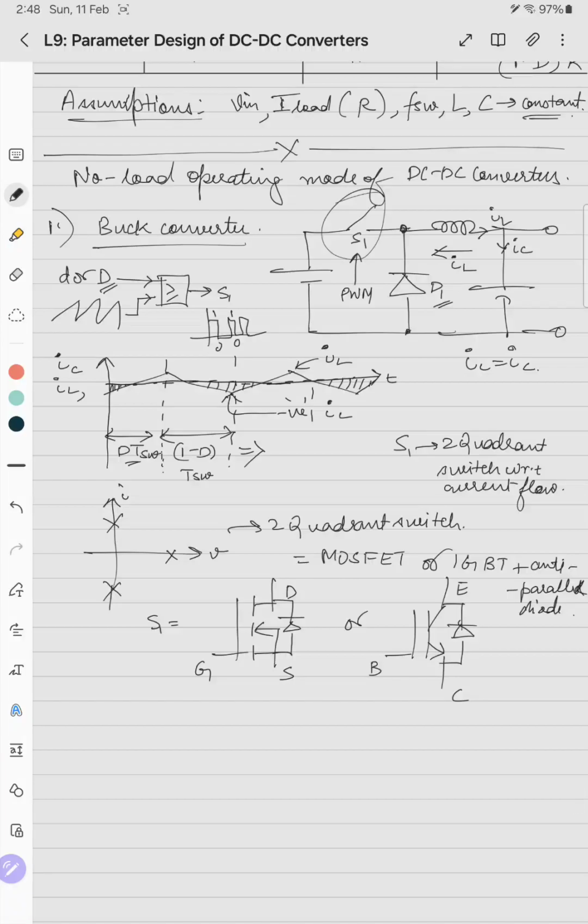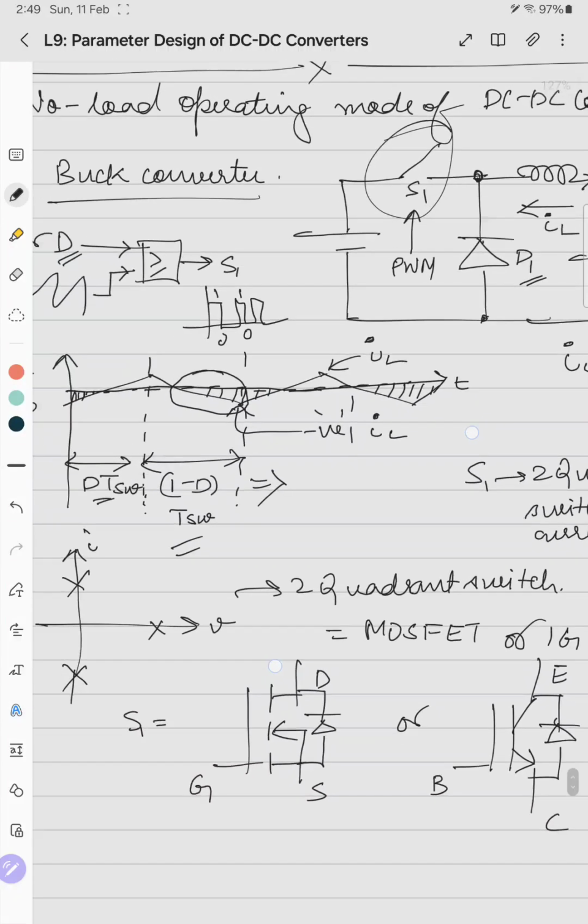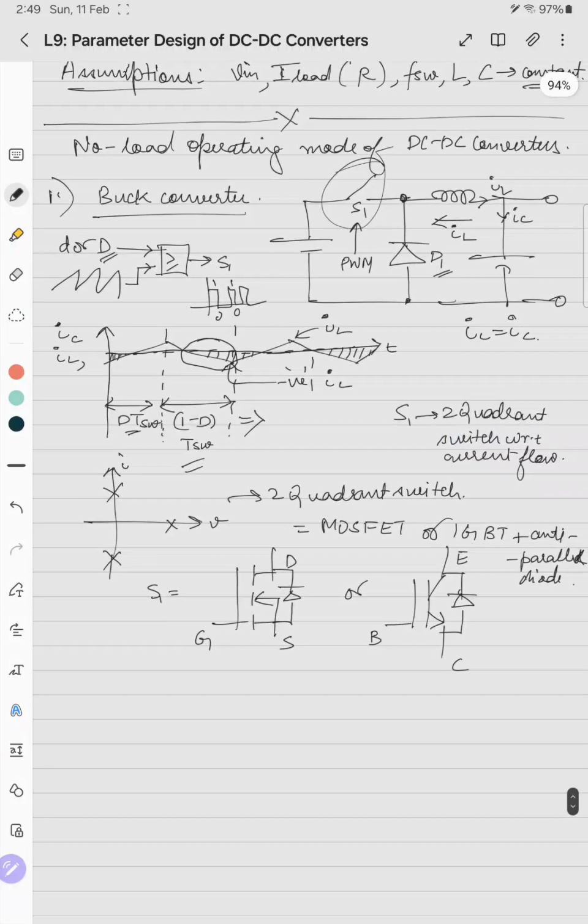It is problematic when the switch is off, or when the diode is conducting, but the inductor current reverses its polarity. That is a problem. So let's say the switch is off. Now our concern is in the 1 minus D into T switching time. For this time, the inductor current is negative.